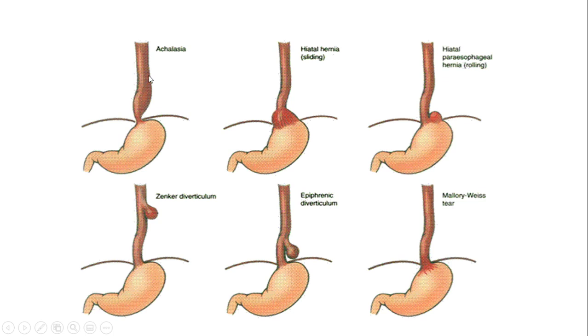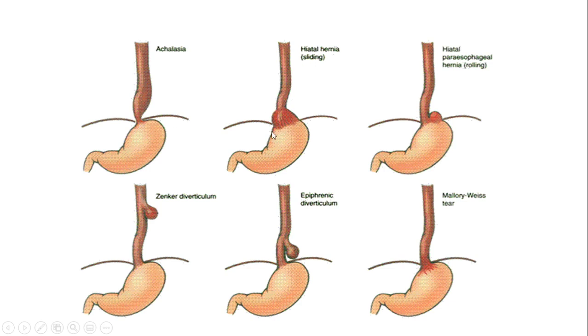This is another diagram showing achalasia, in which there is a typical sign called tapering, rat tail, or bird beak sign, with proximal dilatation and lower stenosis. Achalasia, primary and secondary.